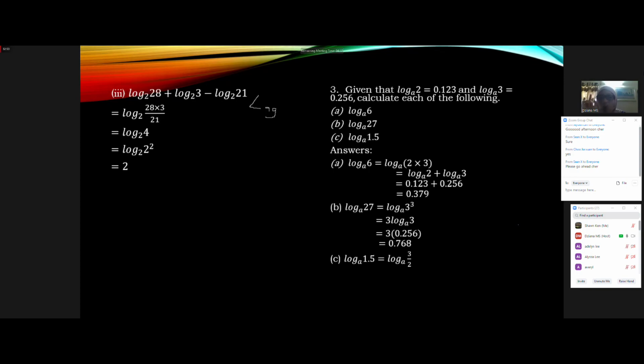Okay, if you have decimal, always convert to fraction. So 1.5 is 3 over 2. Okay, then 3 over 2 is minus. So 0.256 minus 0.123, so 0.133. So just now the answers are correct.